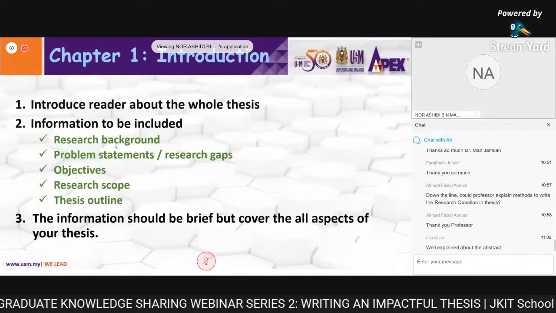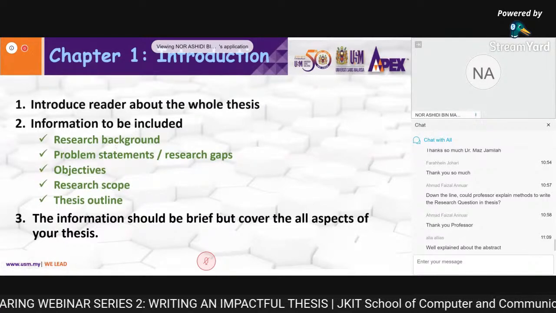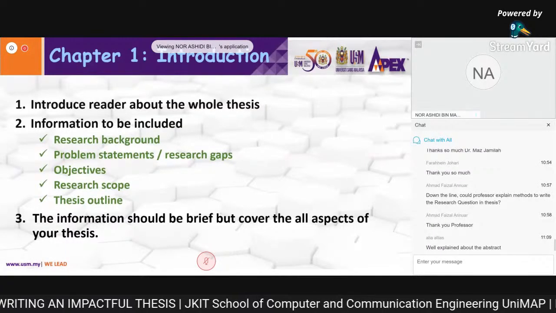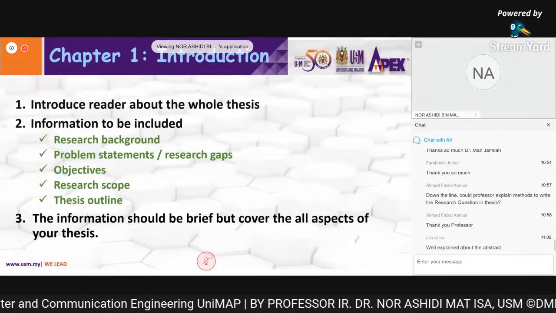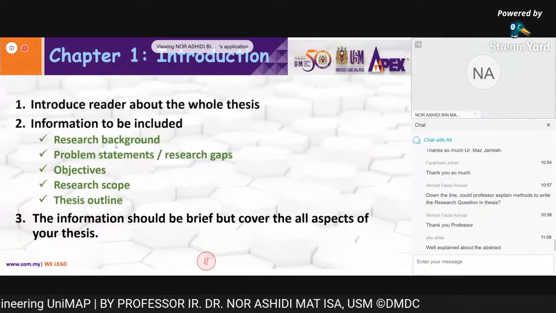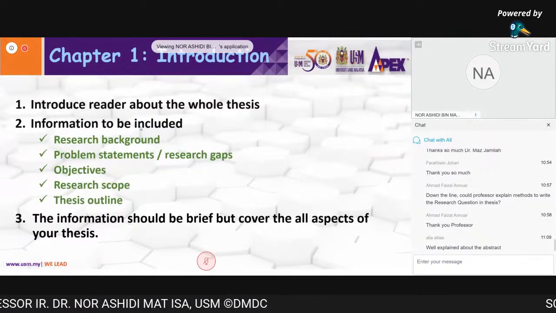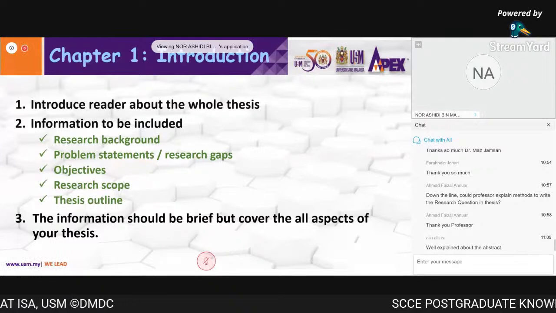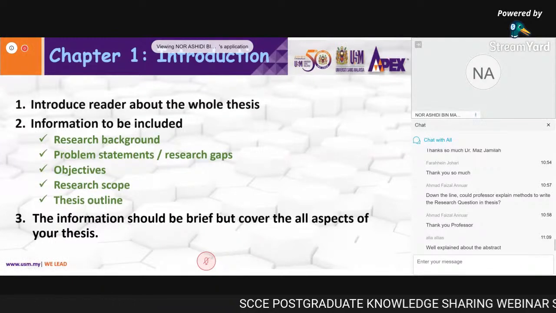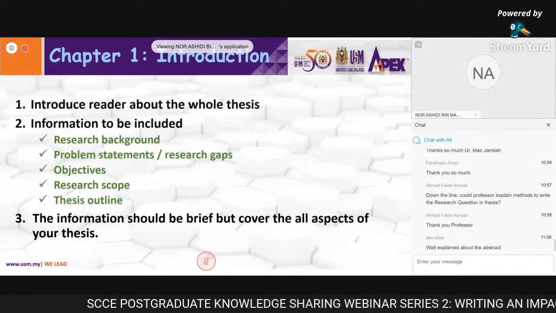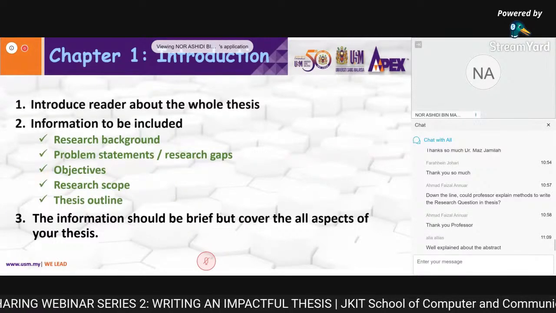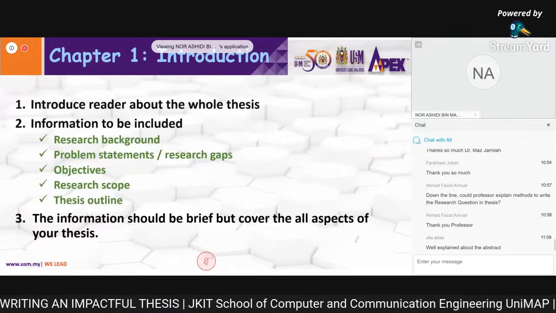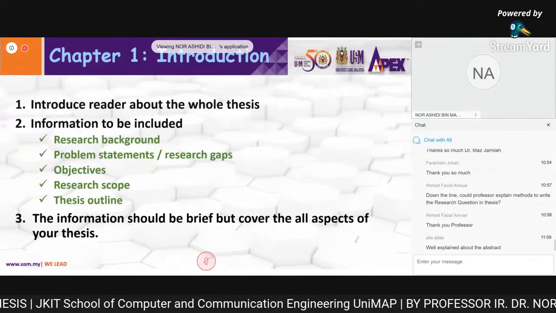When you enter the house, you explain who you are and what you are, and that is in chapter 2. But chapter 1 is only research background: you just knock the door and give salam. Then you want to introduce, let's say you want to sell some gadget to the house owner. That one is actually in chapter 2.